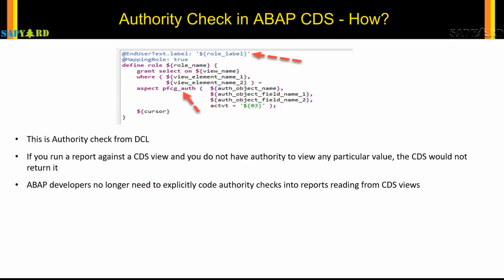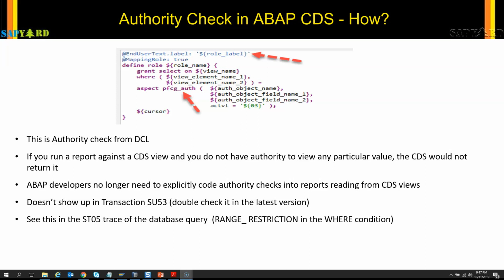I tried to see if we can find the CDS access control in SU53. This is the transaction which the security team will always ask about when you say that you do not have access to a particular T code. He or she will say, send me the screenshot of SU53. I tried to find it in SU53 and it did not show up.